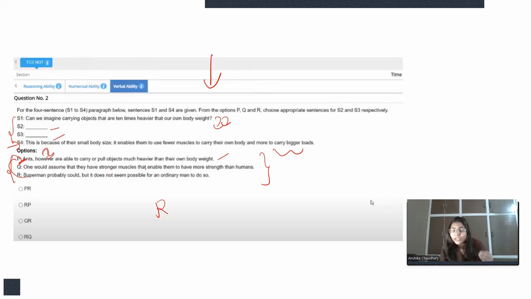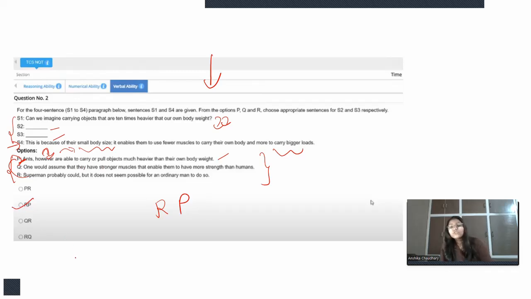Ants, however, are able to carry or pull objects much heavier than their own body weight. This is because of their small body size. Ants are in small body size. Simple. So this is the continuation of the previous one. So we can see that RP will be the correct statement and option number B will be the right one.